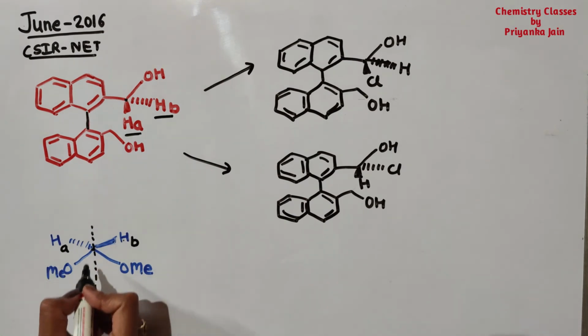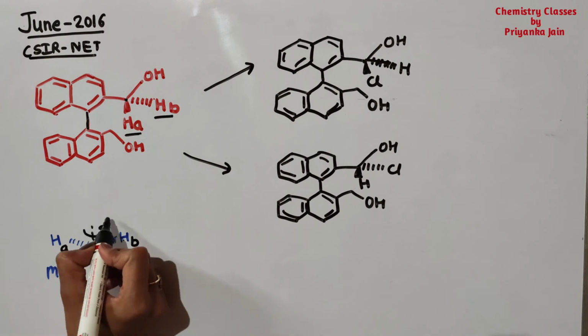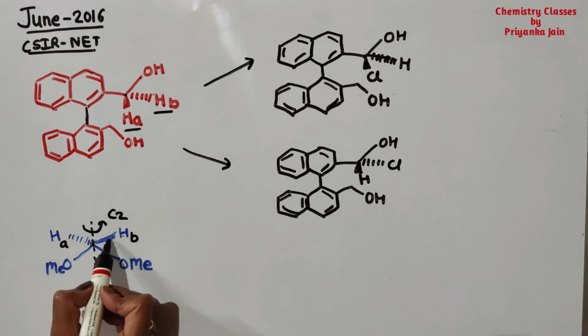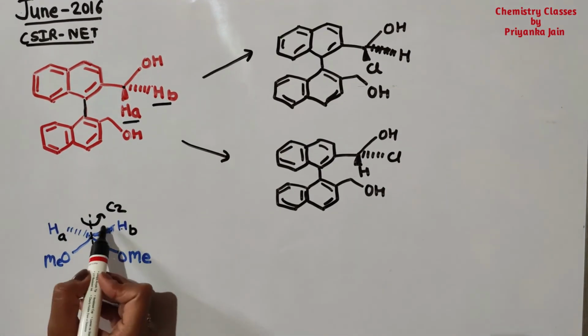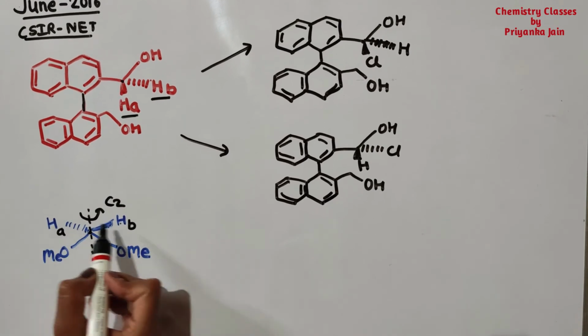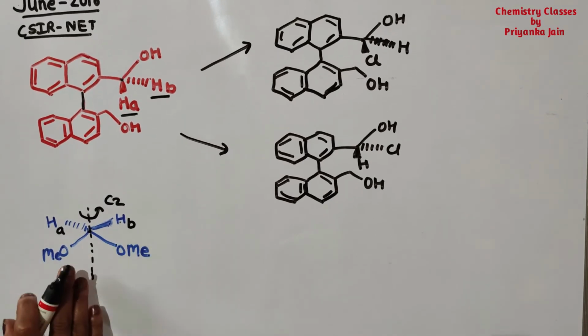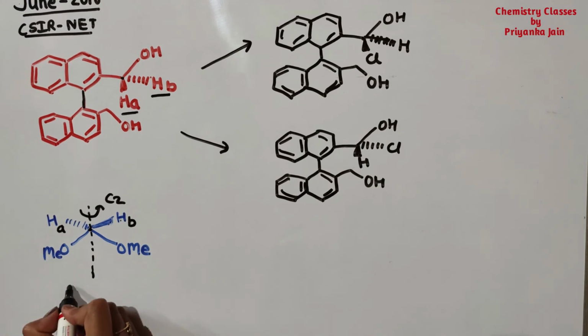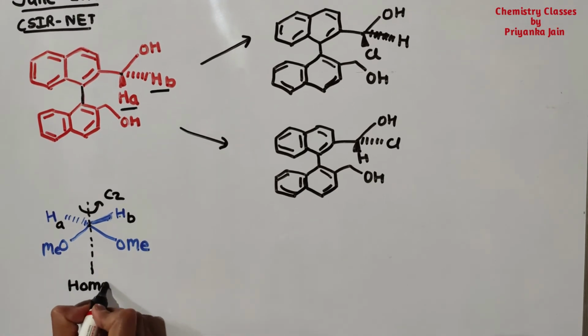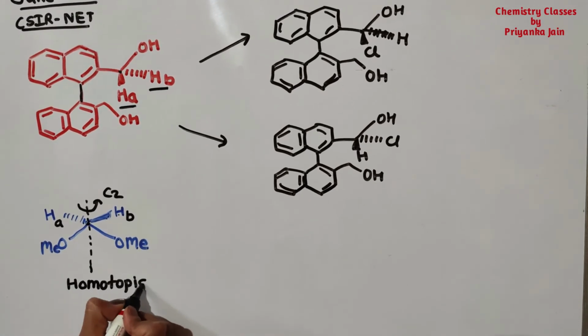There is an axis of symmetry. We can rotate about this C2 axis. Then what will happen? This group will go here and this will go here. So this will come below the plane and this will go above the plane. So the C2 axis is present, so the two hydrogens here are homotopic, right? Similarly, let me look at another structure.